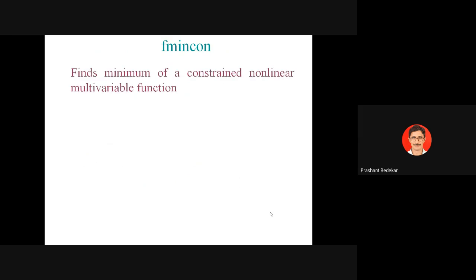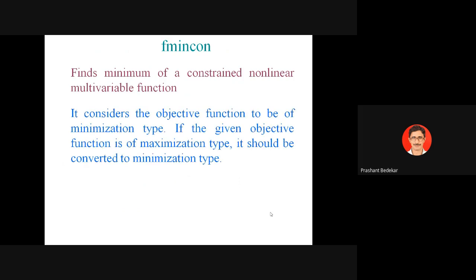This finds the minimum of a constrained nonlinear multivariable function, fmincon. As with the other functions, we have to keep in mind that it considers the objective function to be of minimization type.